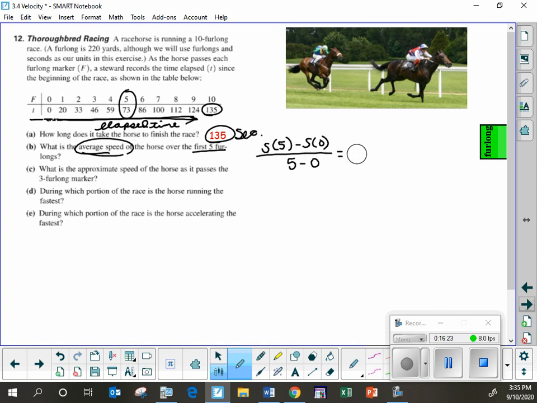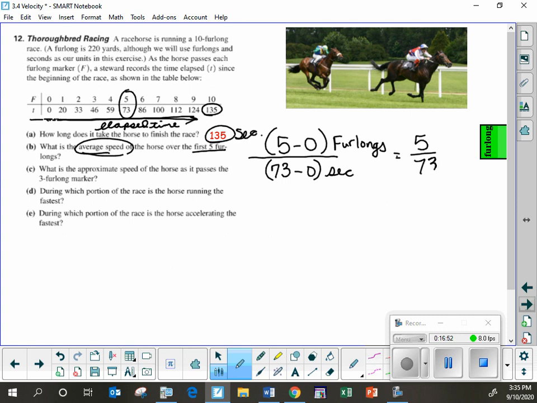Change of distance is 5 minus 0, and the elapsed time was 73 minus 0 seconds. Ooh, almost had my labels flipped upside down. This was furlongs. So we'd have 5 over 73, which is about 0.068 furlongs per second.